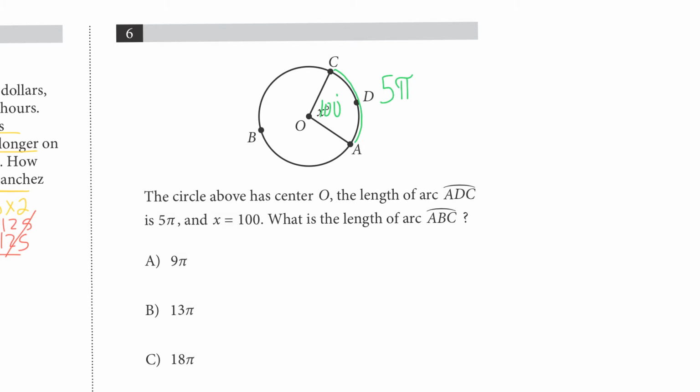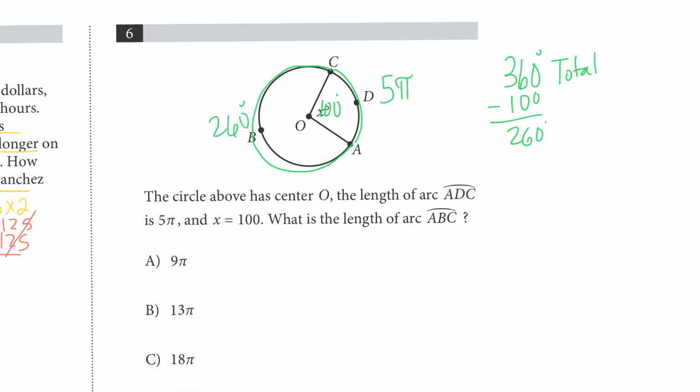Remember that the full circle is 360 as a total. And we want to know the length of arc ABC, which is the other side. So ABC would be all of this here. And if you take 100 off from the 360, then the rest of it is 260.